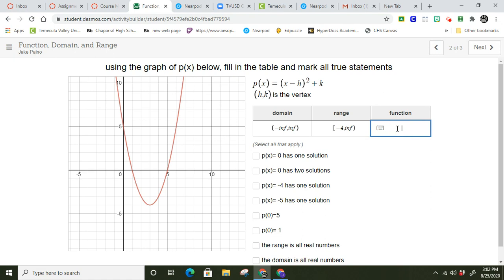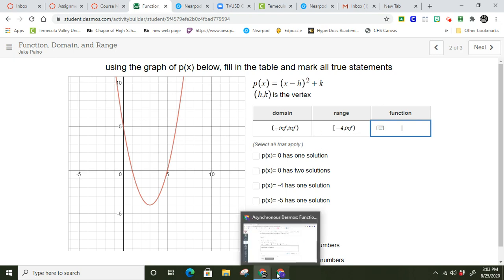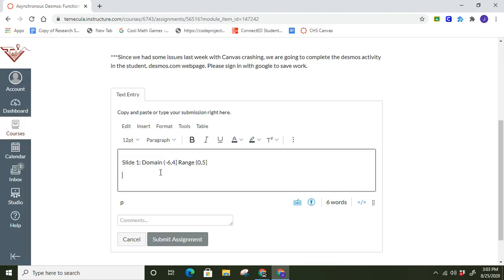Okay, now this one is a little bit tougher. Let me go ahead and finish up my Canvas assignment. Now I got to just type those in, into the Canvas app here. So slide 2, the domain.